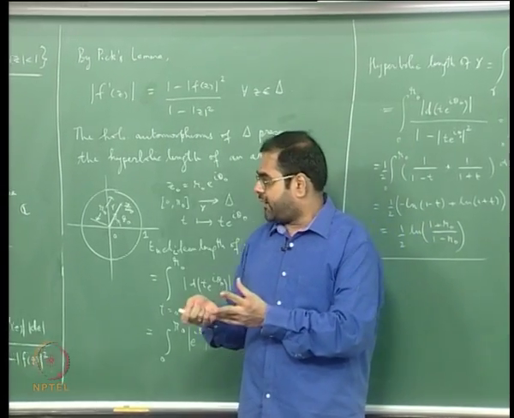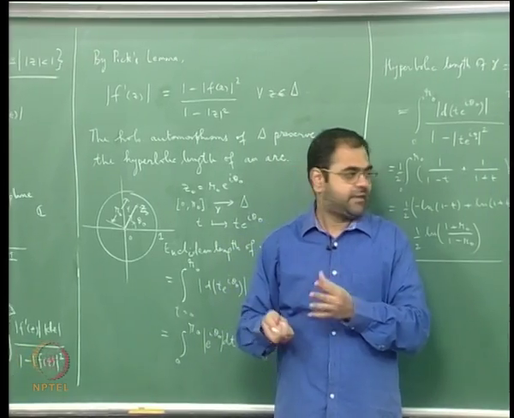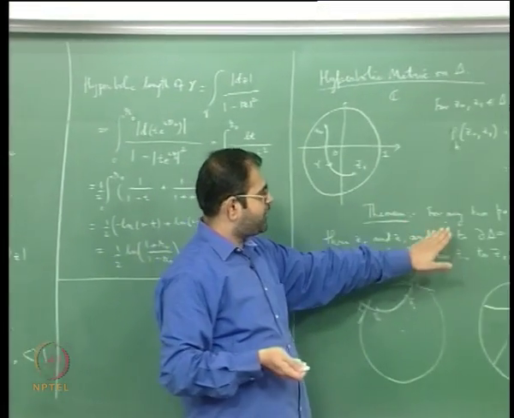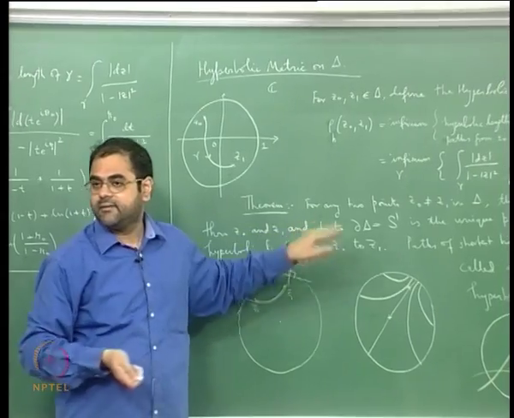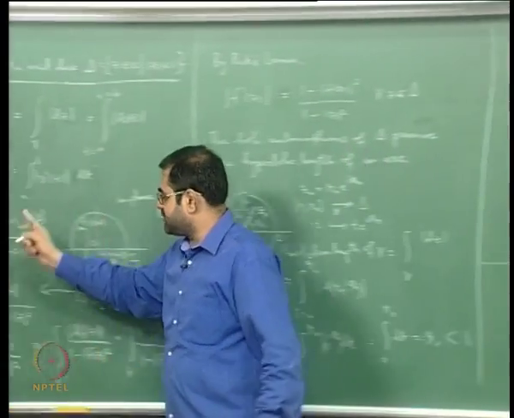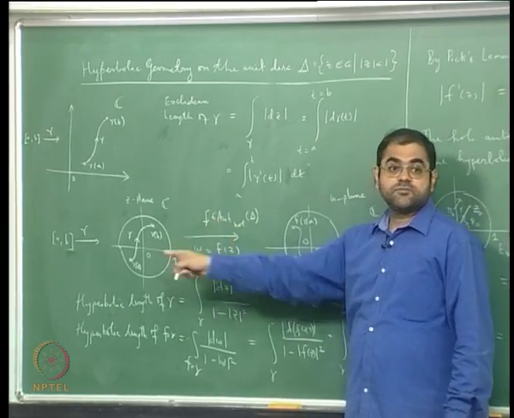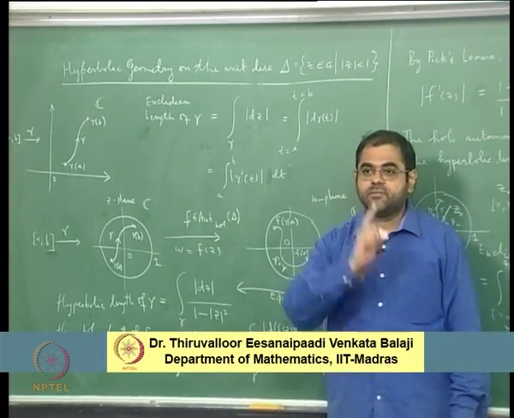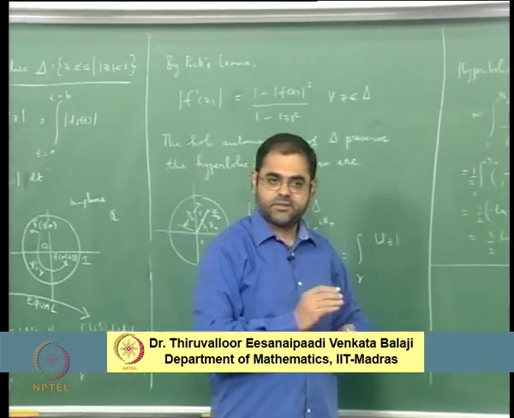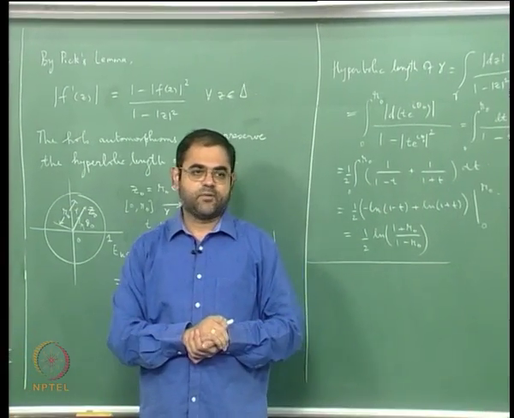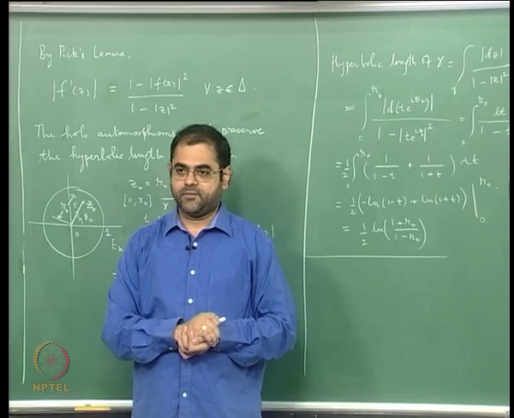And now let me tell you, if you take this hyperbolic metric, then any automorphism from the unit disk to the unit disk will be an isometry with respect to the hyperbolic metric, okay. That's what you will get.